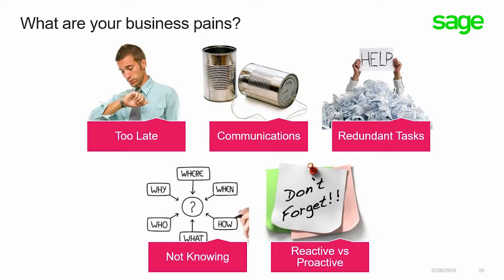So before we take a look at that technology, I just want to go back to talk about some of the types of business pains. Early on, you heard me use the phrase, if only we had known. That certainly is something that alerts and workflow can address, knowing too late. As I said, knowing too late is almost as catastrophic as not knowing at all.